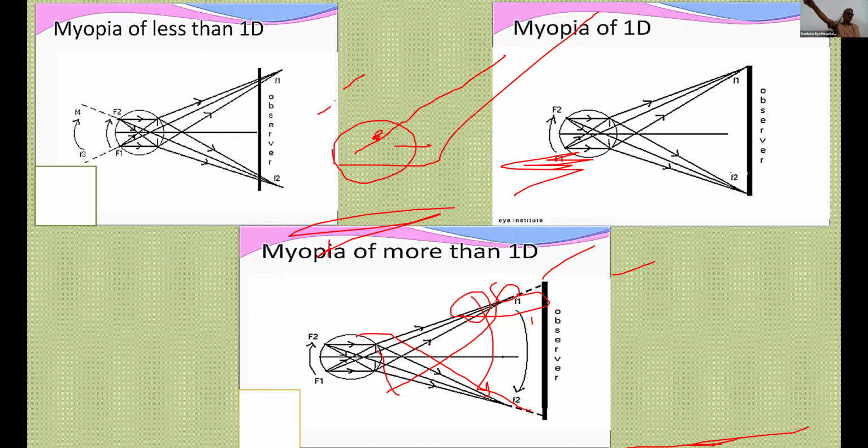Only one to the nodal point, one just lower, like that is enough. No need to draw so many rays. Only one ray is enough. One to the nodal point, one through the other. Same effect you are going to get.